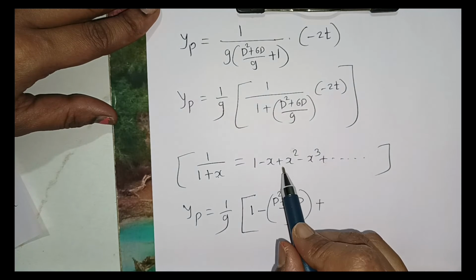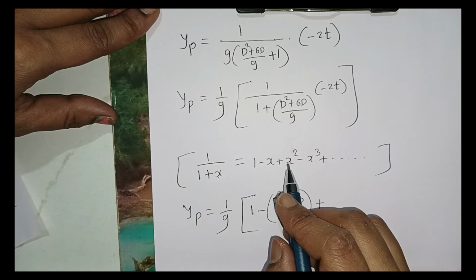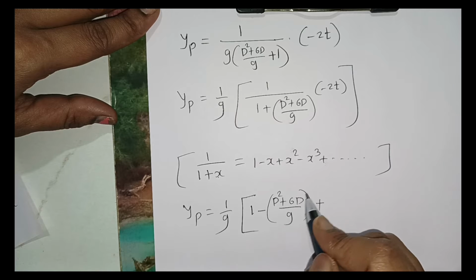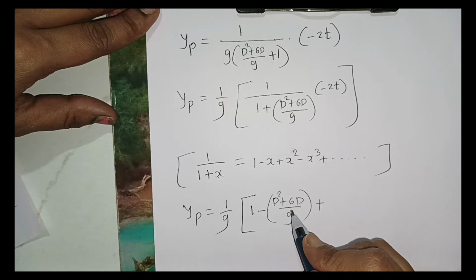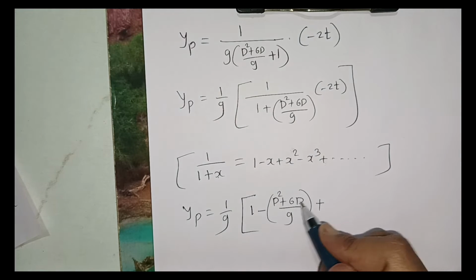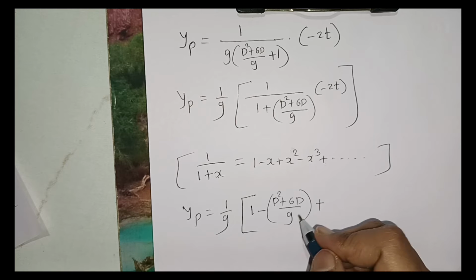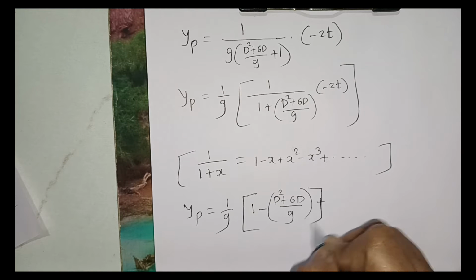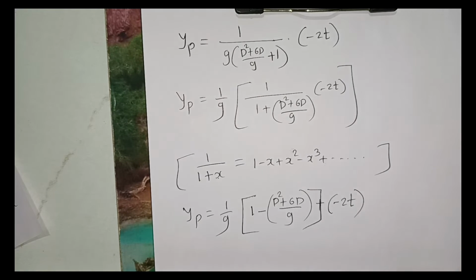So you don't have to take all these further terms, x square, x cube, because in case of x square you will have the square of this term, which will contain the fourth, third and second derivatives, all of which are 0. So you don't have to consider the square and onward powers of this bracket. Close the bracket right over here, operating on minus 2t.